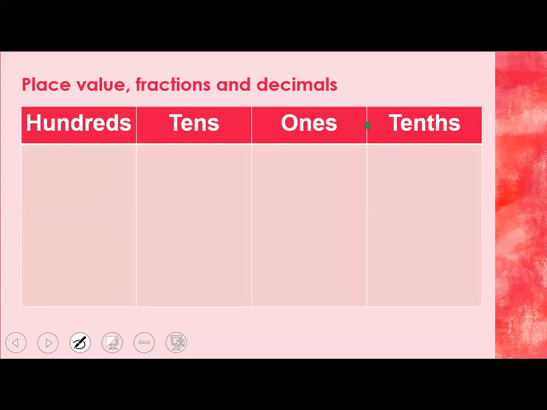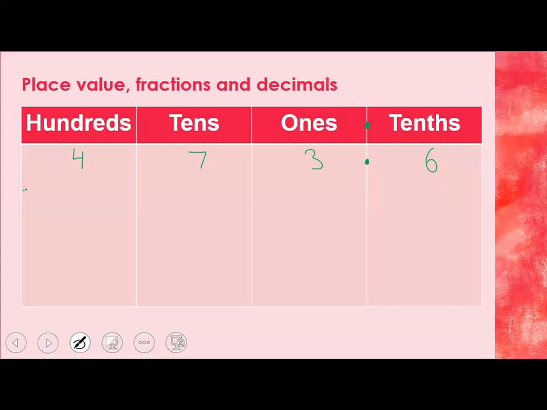For example, if I had 4 hundreds, 7 10s, 3 1s, and 6 tenths, I say that number as 473.6. The decimal point never moves, okay? The decimal point never moves. Sometimes the numbers move around, but the decimal point never moves.